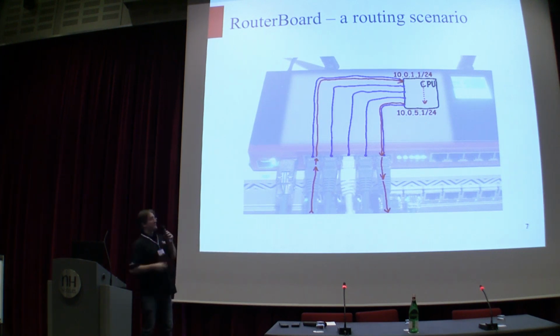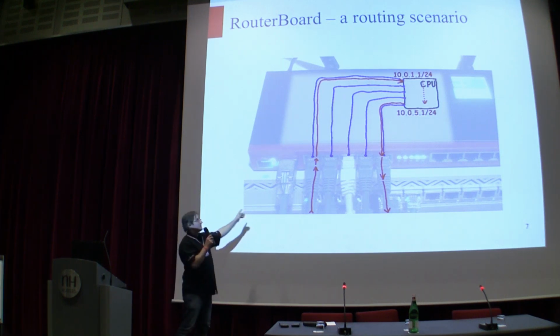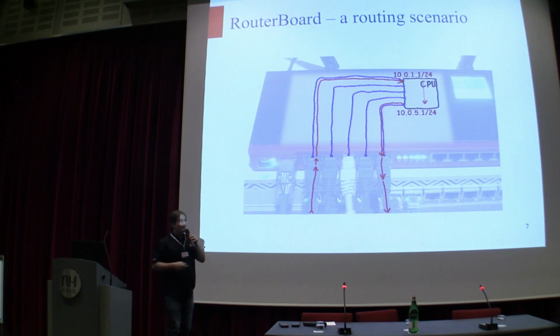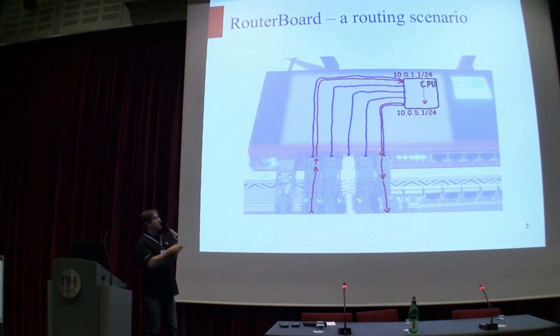In this example, we have network 1.0/24 on Ether1 and 5.0/24 on Ether5. The packets from one network go to the CPU, and then the CPU decides what to do with them. If they should go to the other network, it passes them to the other network. This is how routing works.